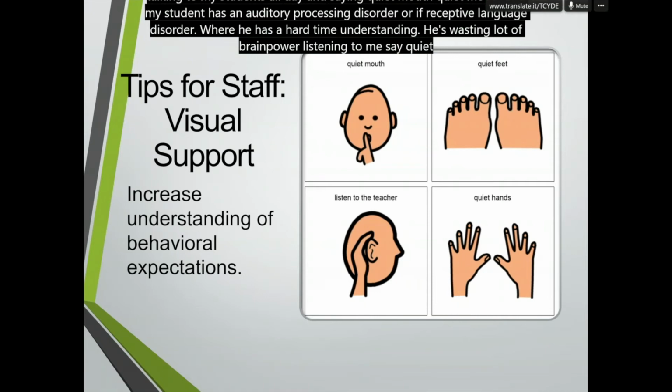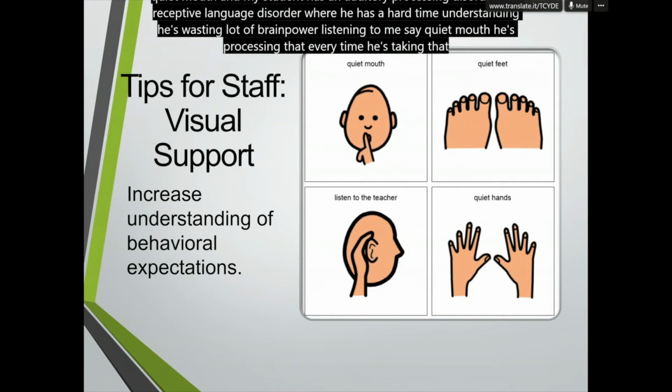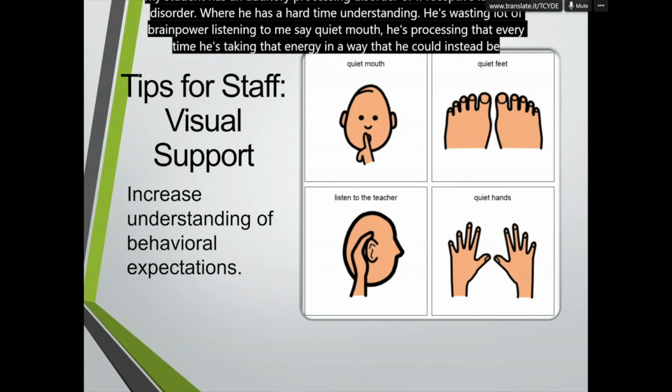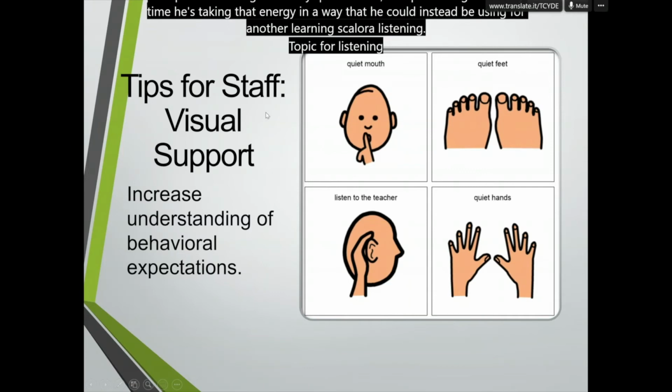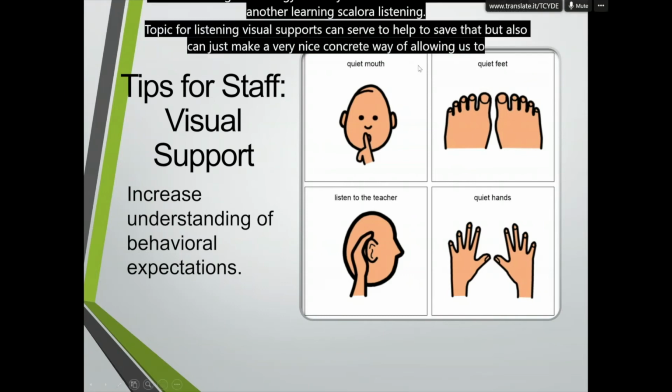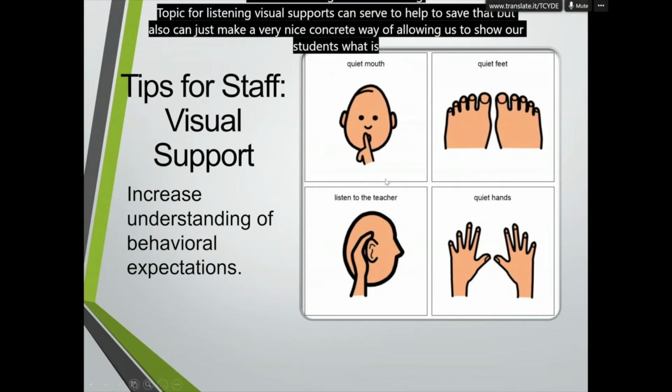He's processing that every time. He's taking that energy in a way that he could instead be using for another learning skill or a listening topic. Visual supports can serve to help to save that, but also can just make a very nice concrete way of allowing us to show our students what is expected in a visual way as another mode of presenting this for your student.